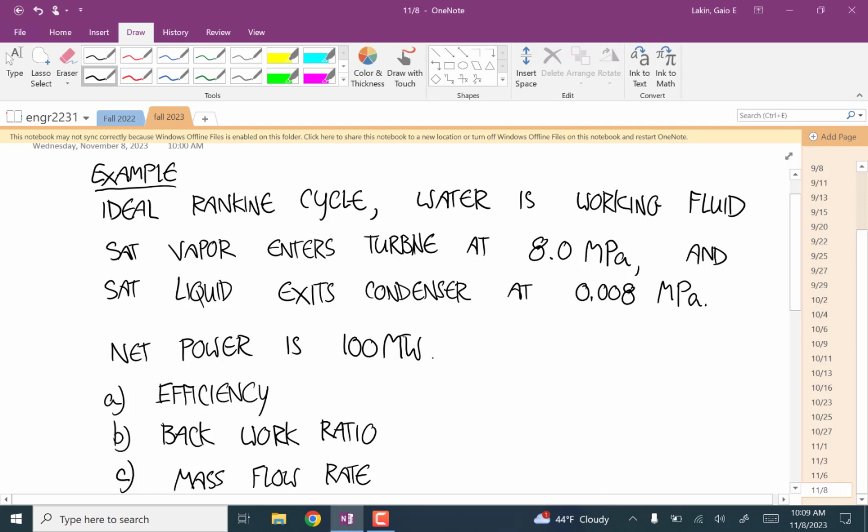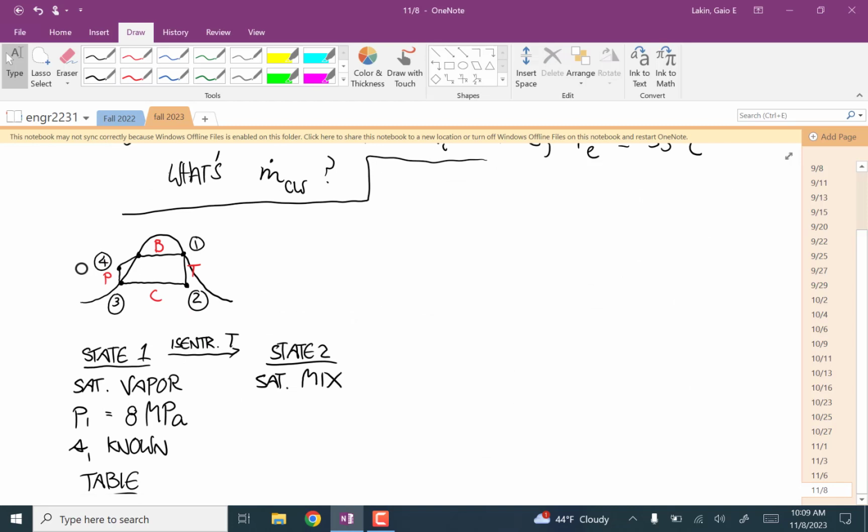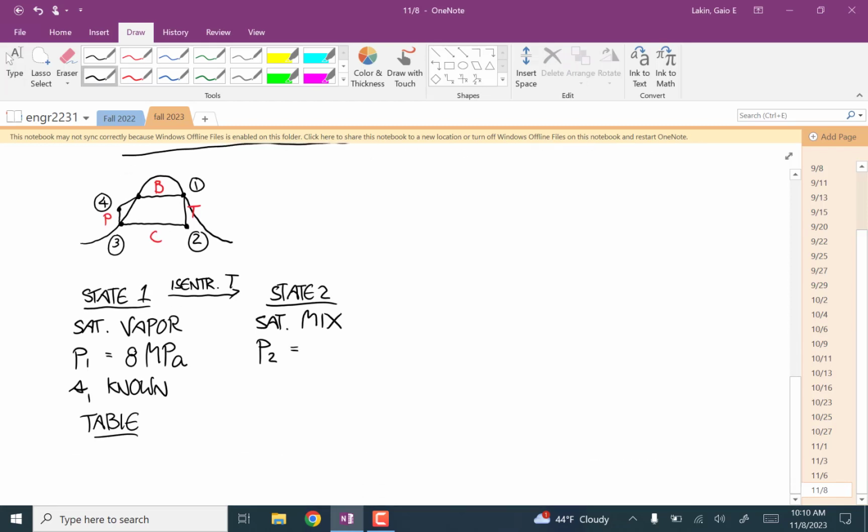But remember, the condenser is constant pressure. So the pressure as the liquid exits the condenser is the same as the pressure going into the condenser. Okay? So state 2 is where it's going into the condenser. So we know that the pressure is 0.008 megapascals. And we know, because it's an isentropic process, that S2 is equal to S1.